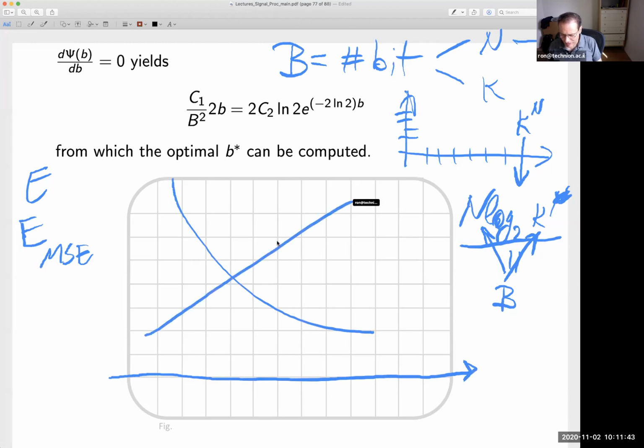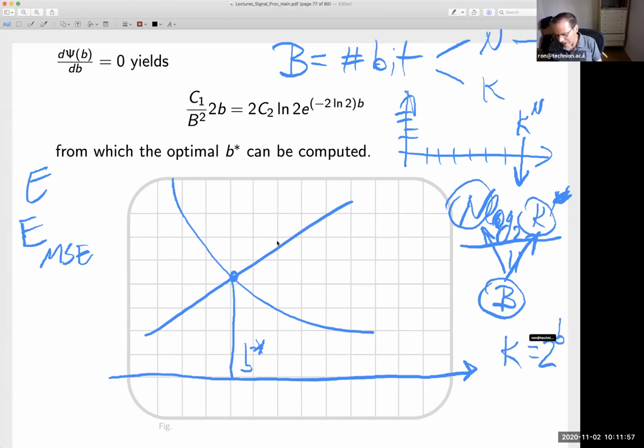This would give you the optimal way of distributing b into the k's and the n's, and this b relates to k as k equals 2 to the power of b, but it doesn't really matter. This is the optimal way of taking capital B number of bits and distributing them into the n's and the k's. Did I answer your question?